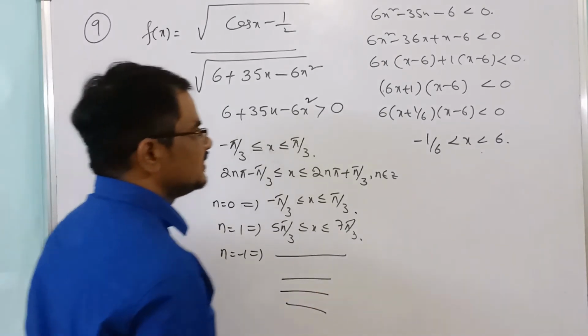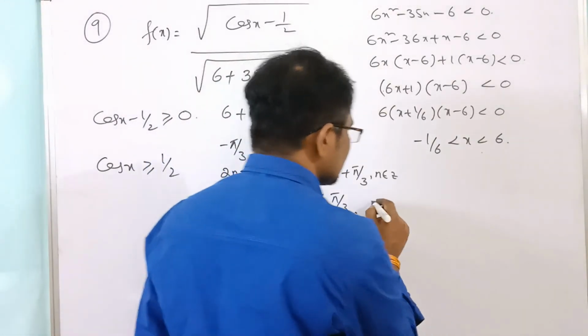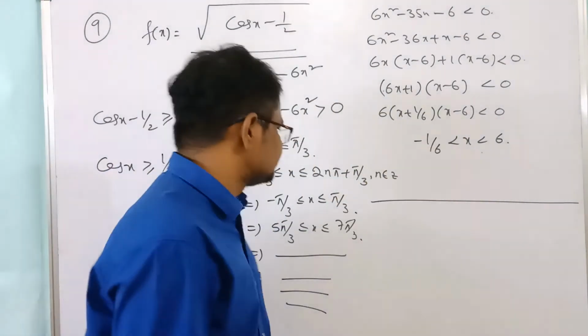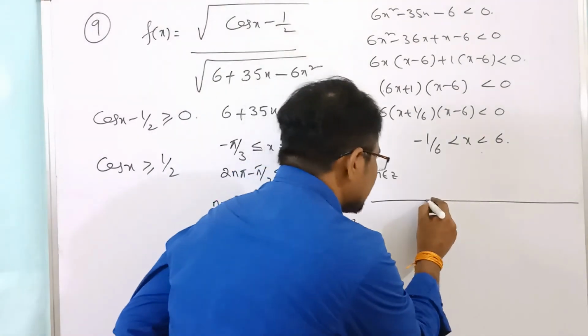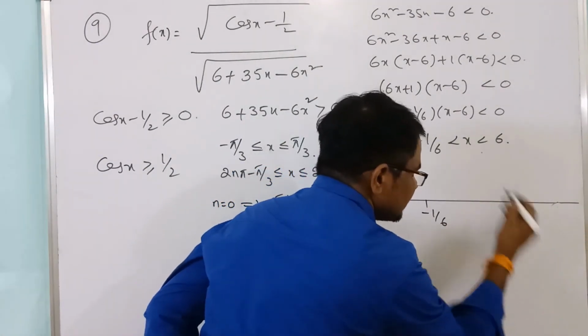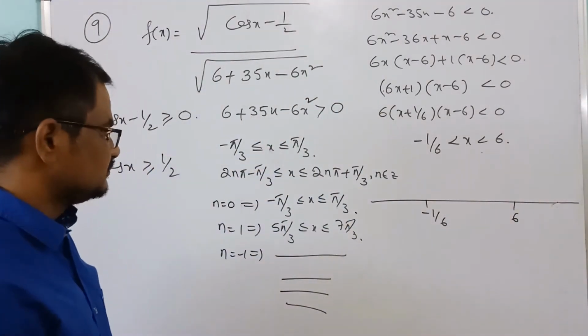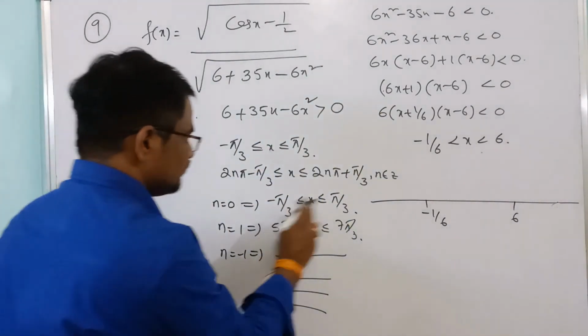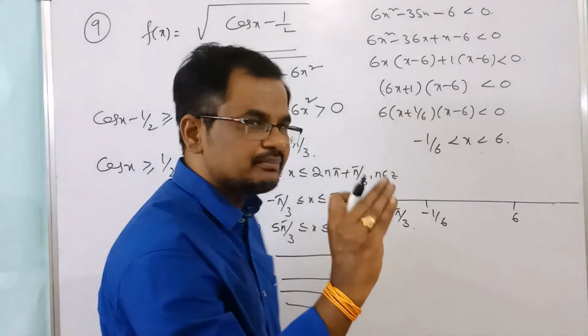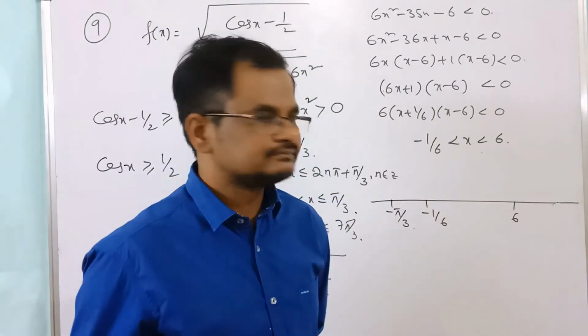Okay, right. So here with this one, how many are common with this one? See here, minus 1 by 6 I will take, and here anywhere 6 I will take. Okay, now minus pi by 3 we have to take, no, because minus 3.14 by 3.